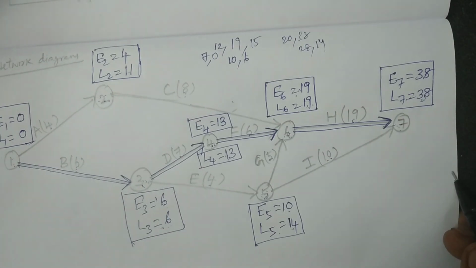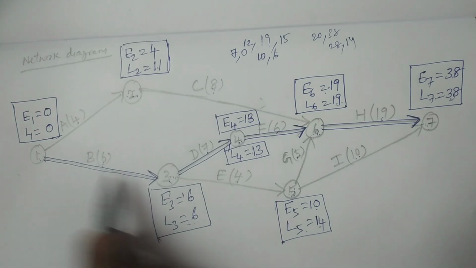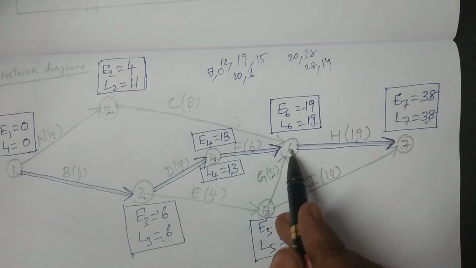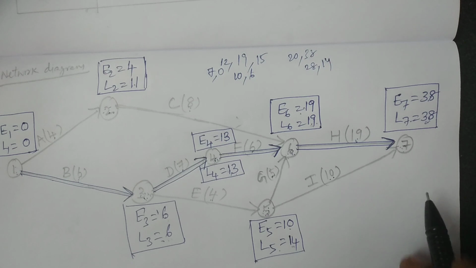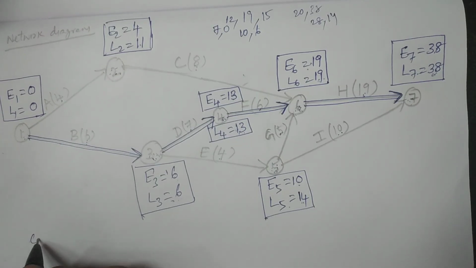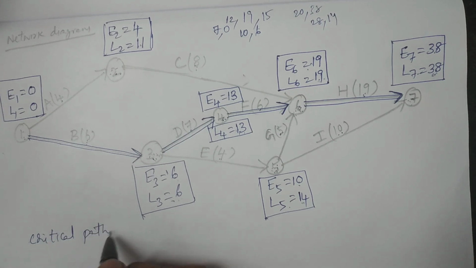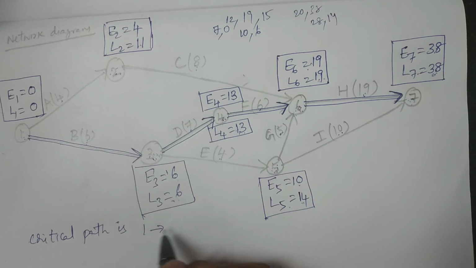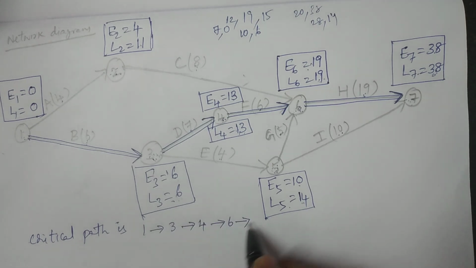Therefore, the critical activities are 1 to 3, 3 to 4, 4 to 6, 6 to 7. The critical path is 1 to 3, 3 to 4, 4 to 6, 6 to 7.